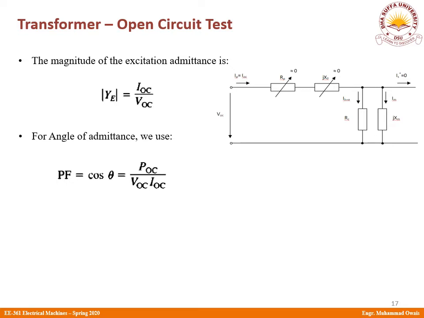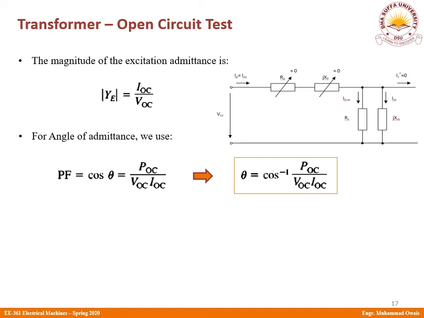Because the transformer's power is given by voltage into current multiplied with cos of theta, we can simply manipulate this relationship to find out the power factor. And once I have the power factor, I can find out the angle. So the angle of admittance can be found using this relationship.